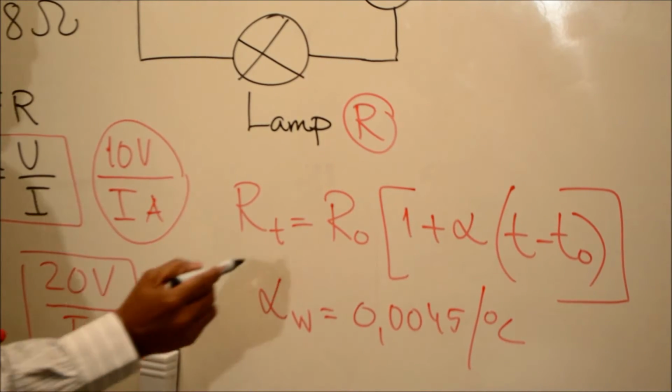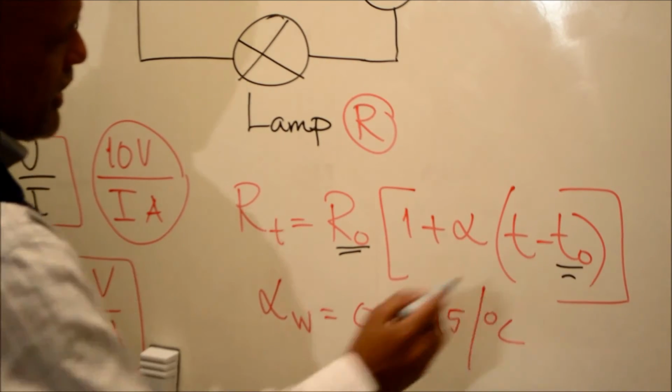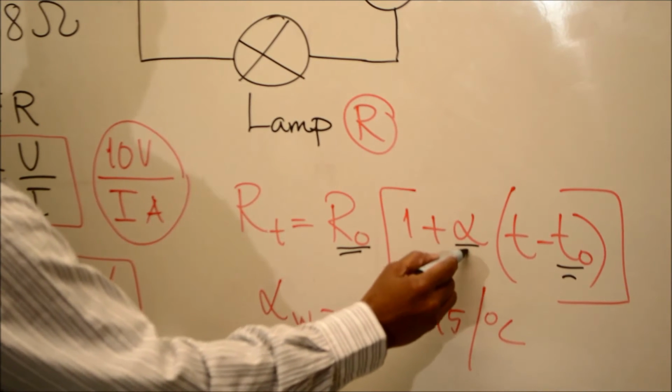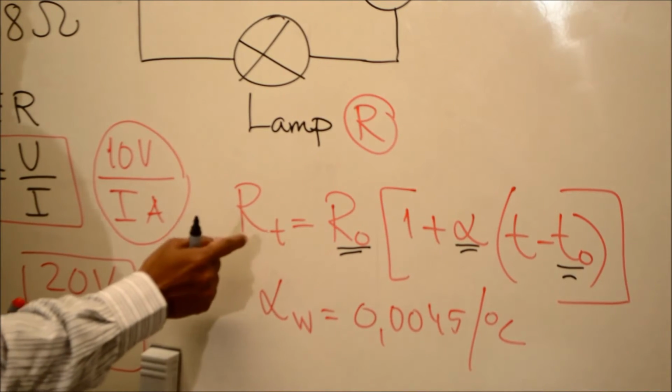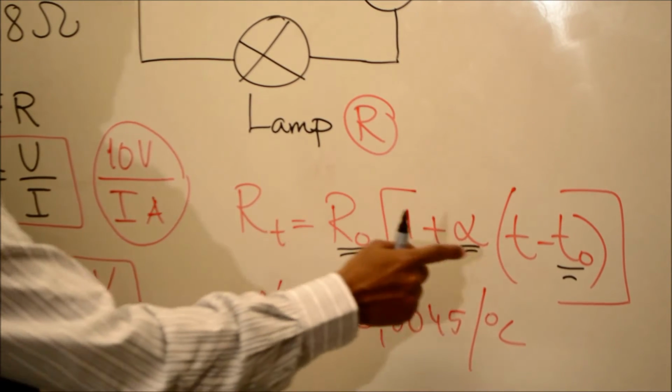So if we know the resistance at room temperature, and this is the room temperature, and we know alpha, then we can find out the resistance at a given temperature.